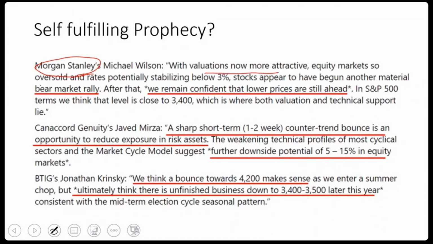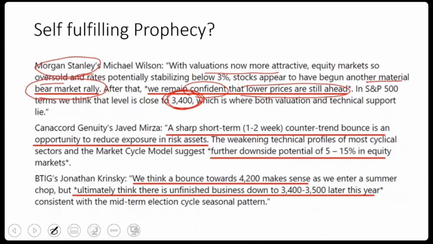We think that stock markets are oversold. We think stocks can go up, but it's going to be a bear rally. After that, we remain confident that lower prices are still ahead, and the stock markets will probably go closer to 3004.